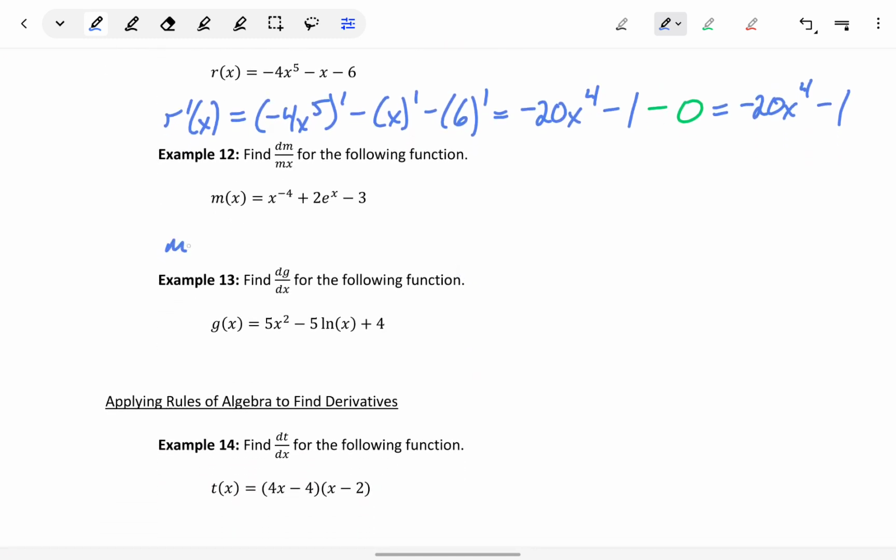To find m prime of x, or let's stick with that notation, dm over dx, we would again differentiate term by term.